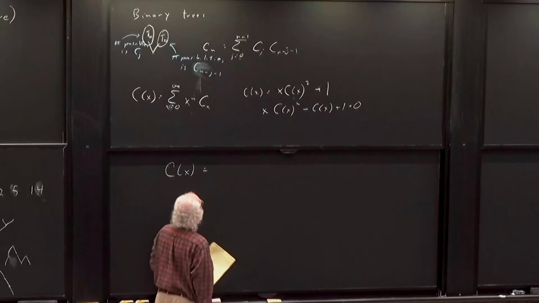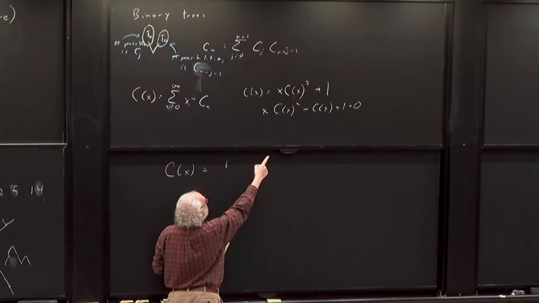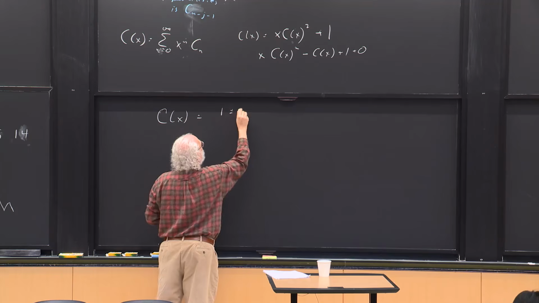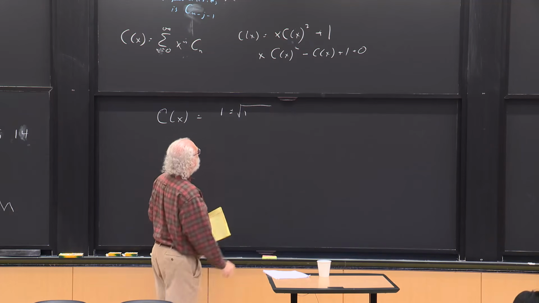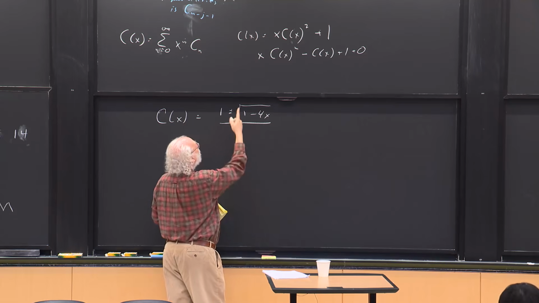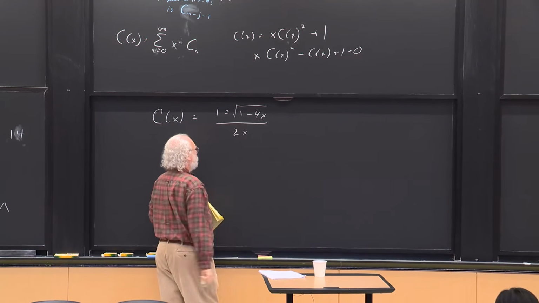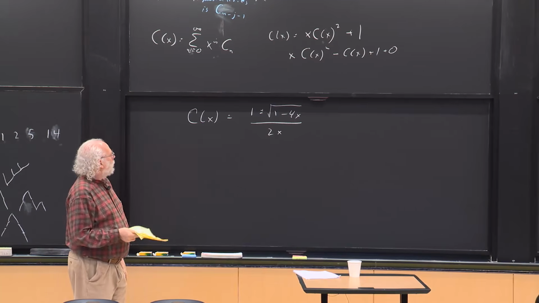And we have 1, that's minus b, plus or minus the square root of 1 minus 4ac, that's 4x, over 2a, that's 2x. Okay, so there's two possibilities for this.